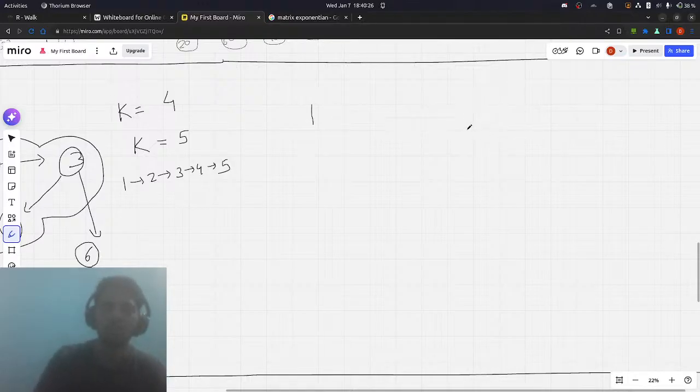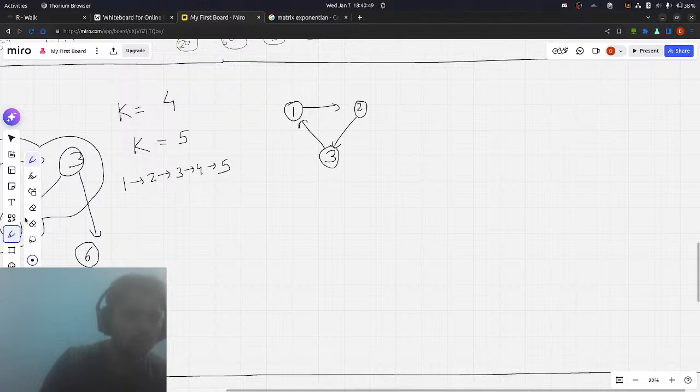Let's say we have a graph like this, and here we want k equal to 1, all the paths which have length 1.